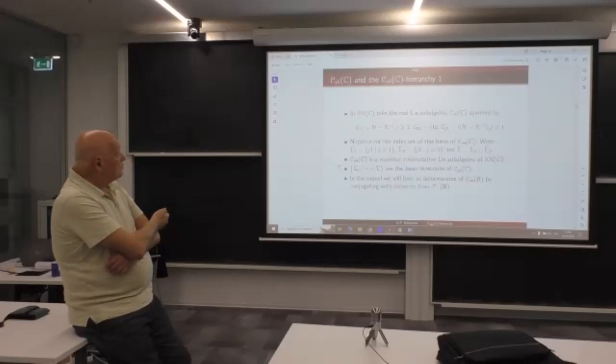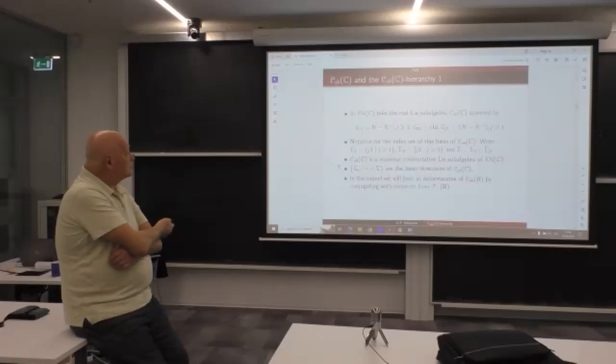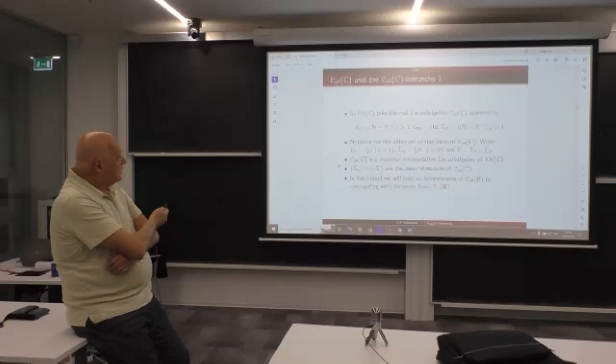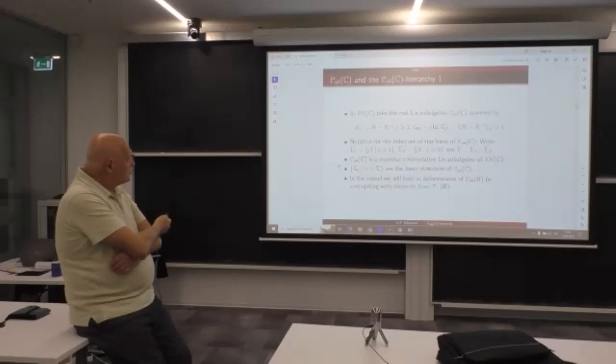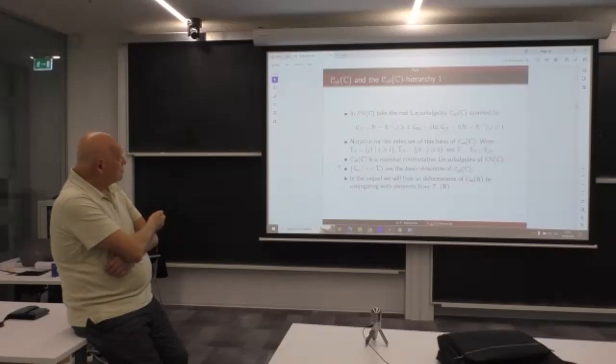Now, what are the commutative algebras I'm going to use? I take first the Lie subalgebra spanned by the elements written here, lambda to the j minus lambda to the power minus j.